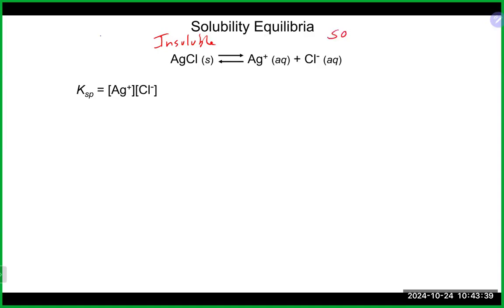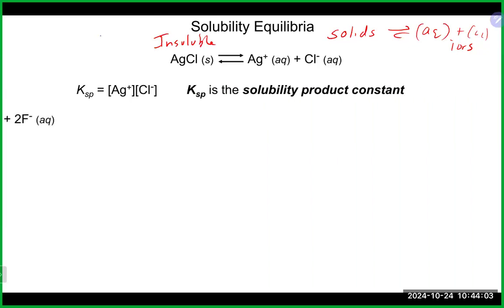Usually these are written with solids on the reactant side, going to aqueous ions on the product side. So typically when you write the KSP expression for anything that's typically insoluble, it's just going to be the product side. So that's typically all you're going to have, the ions that are present. That is why we still have silver times chloride here.